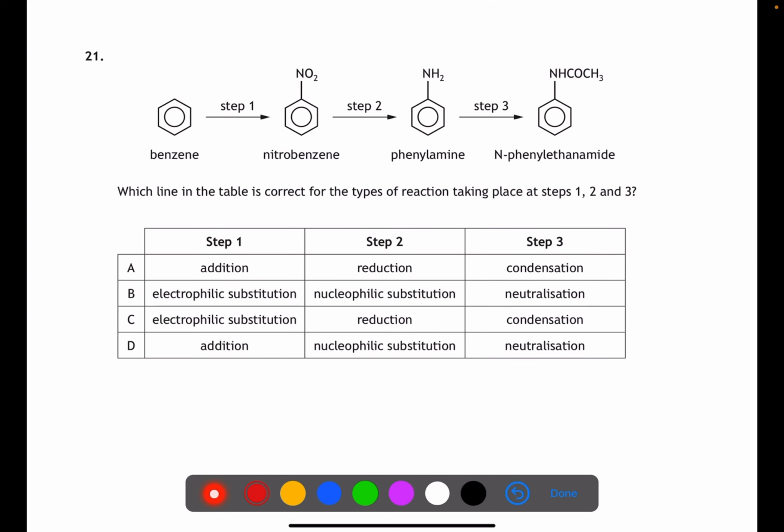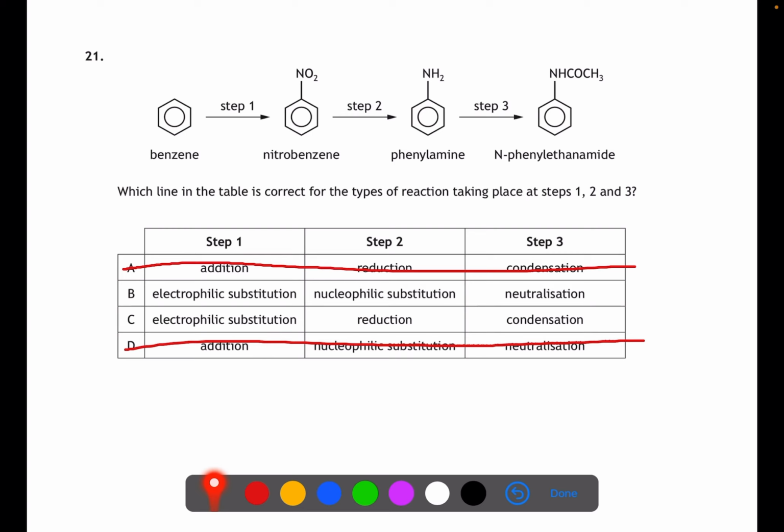Question 21. Which line in the table is correct for the types of reaction taking place at steps 1, 2 and 3? So we're starting off here with benzene and we're producing nitrobenzene. This reaction going from benzene to nitrobenzene is an electrophilic substitution called nitration. So we can ignore A and D as we're looking for electrophilic substitution in step 1.